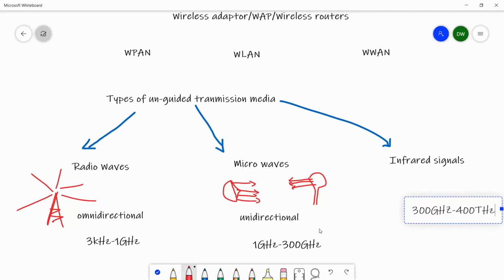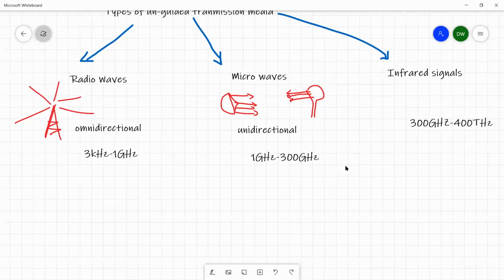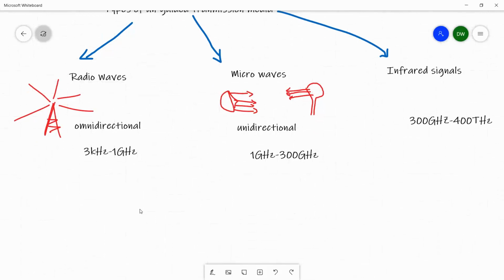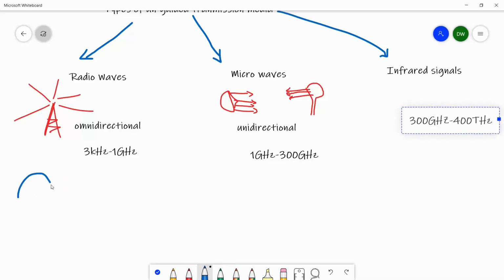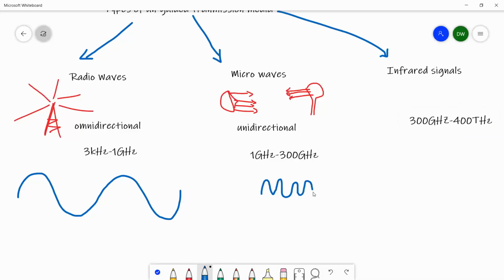So when you look at these frequencies, the wavelength looks different. For the radio waves, we have a bigger wavelength like this, right? And for microwaves, the wavelength may be smaller.